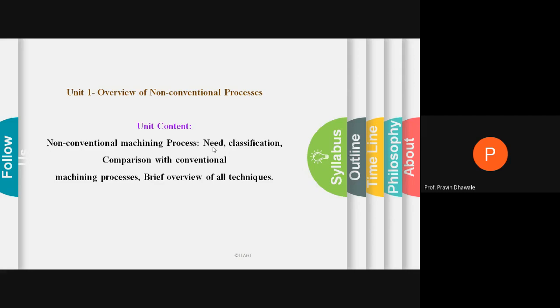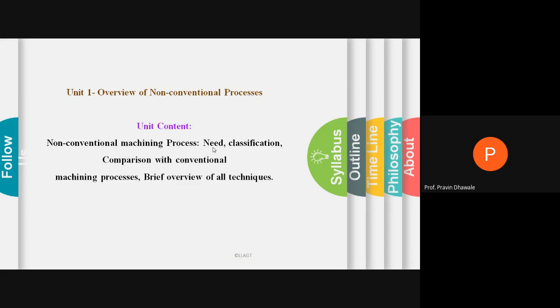Second point, classification. How are such non-conventional machining processes classified? What is the criteria for classifying them? Third point, comparison with conventional machining, since we are dealing with non-conventional machining and comparing it with the conventional machining process.